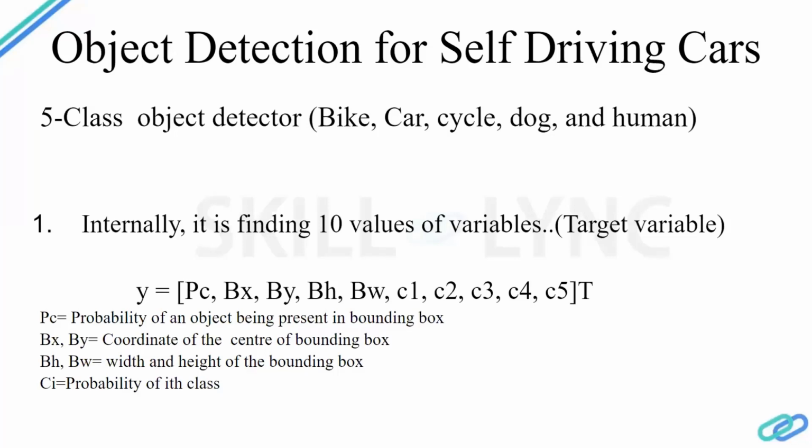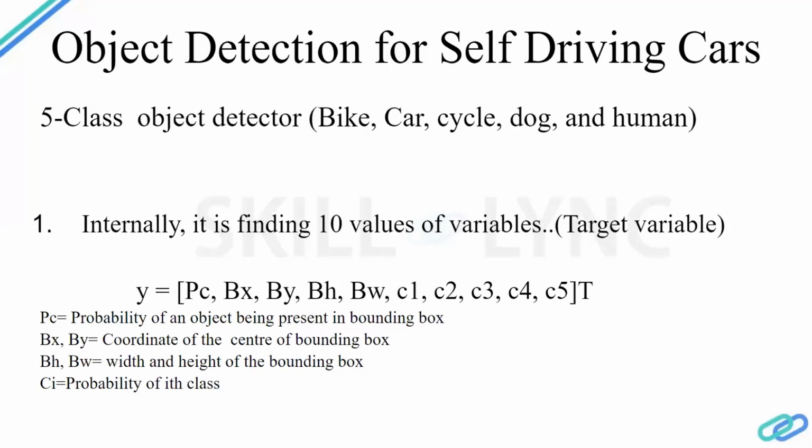Those are the coordinates of the center of that bounding box, and then if we detect the height BH and width BW, then with those 4 values we can create those bounding boxes. So whatever algorithms are available, they use these four values for creating the bounding boxes.